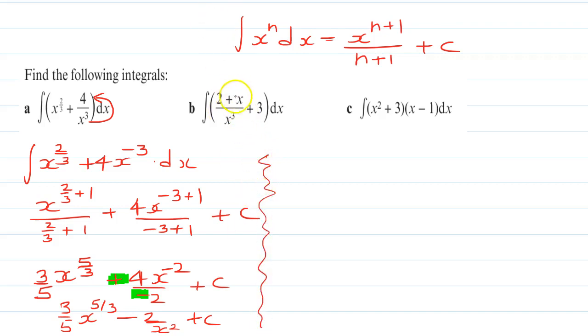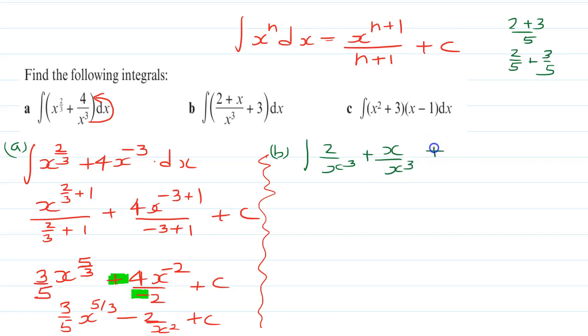So here it is 2 plus x over x cubed, plus 3. You know this rule: if it is 2 plus 3 over 5, we can write this as 2 over 5 and 3 over 5. So the same thing we are going to do. This was your a part and this is your b part. So we can write down this 2 over x cubed plus x over x cubed, and plus 3.